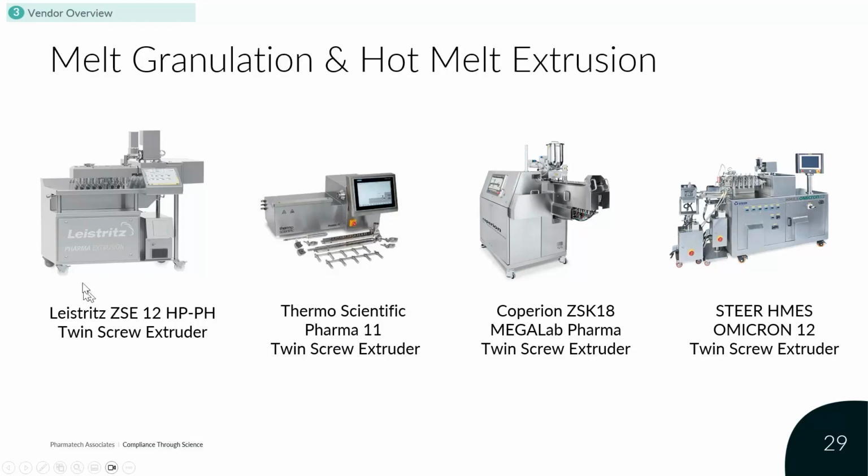If you look at these machines a little closer, you will recognize that they have much more sophisticated temperature control, because in melt granulation and hot melt extrusion you have to deal with higher processing temperatures, but usually also with a much longer process length. The barrel segments are double as long in some cases, because you do more operations within this unit, so it's more complex in terms of temperature control.